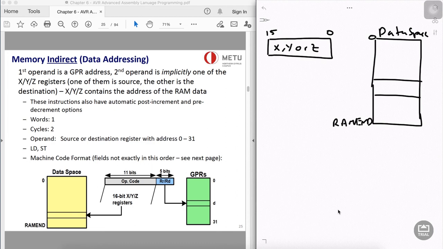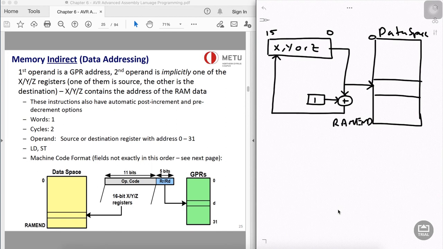Now, if we want to do a post increment, we can have somewhere here an adder, which this one comes down, and this is just going into there. Then we post increment it. That means we add 1 after we supply the address, and that goes back into over here.